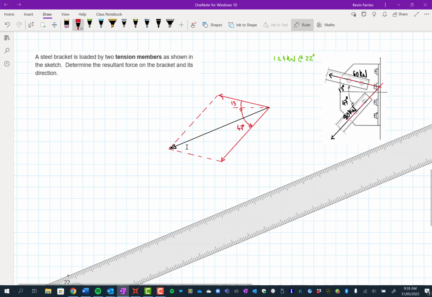Still a few things I need to add to my diagram. So this was 60 kilonewtons, and this one here was 80 kilonewtons. Should have thought ahead, it's going to get in my way, I'm going to move it over here. So let's figure out where those x and y components are.